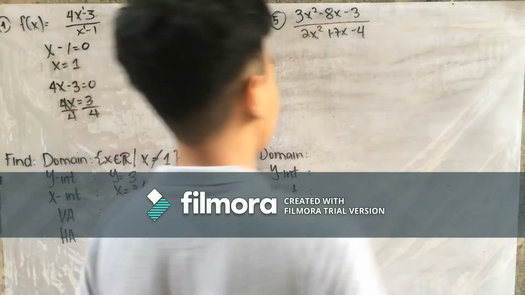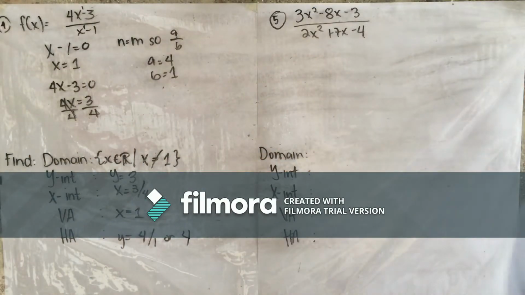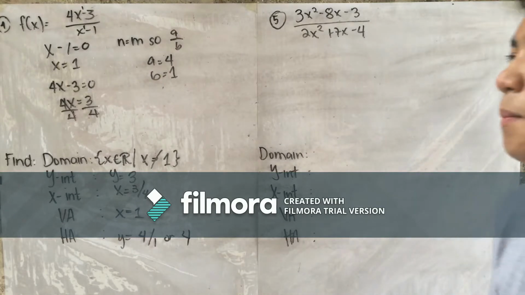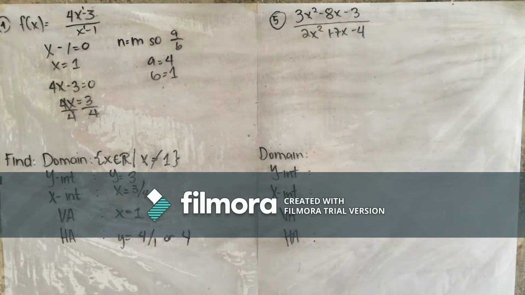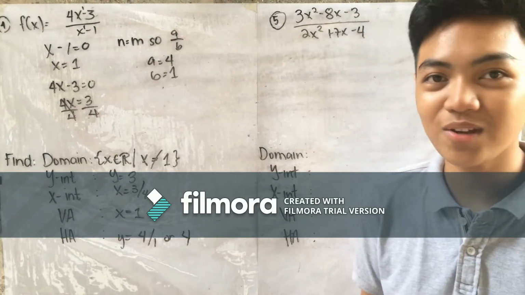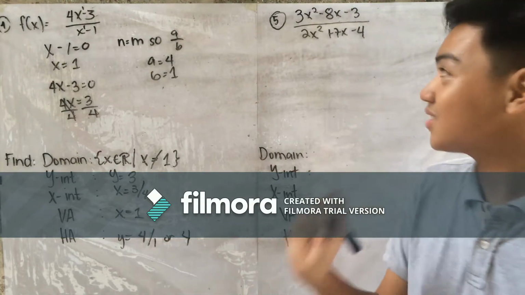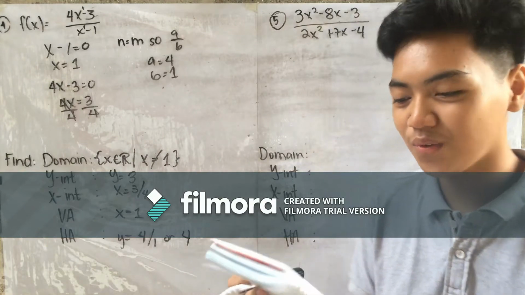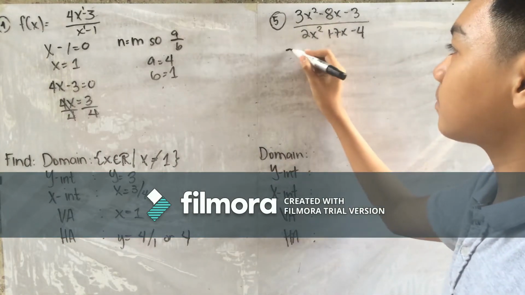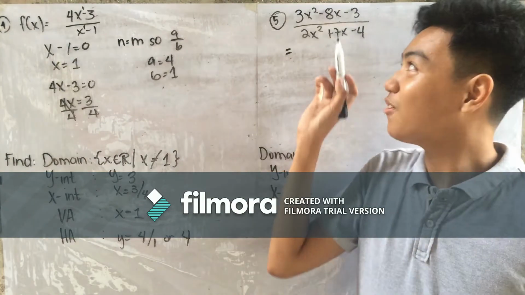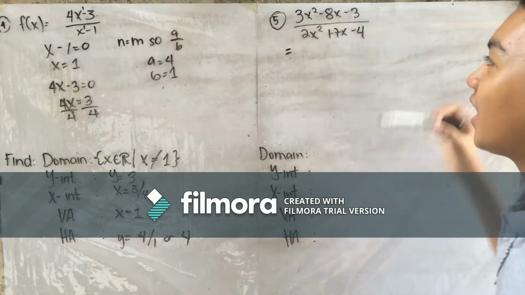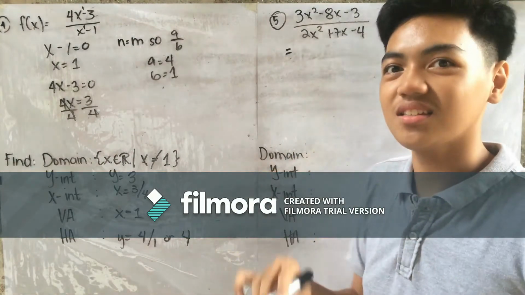Then, final example, which is medyo mahirap, is 3x squared minus 8x minus 3 all over 2x squared plus 7x minus 4. The first step is to factor the numerator and denominator so we can equate them to 0.